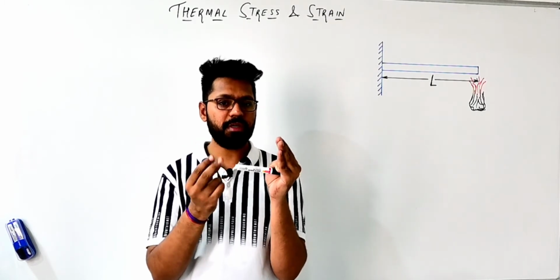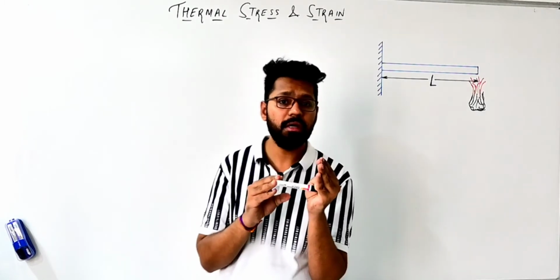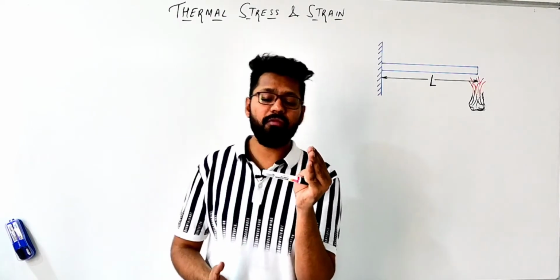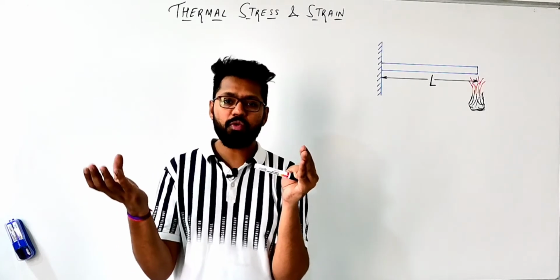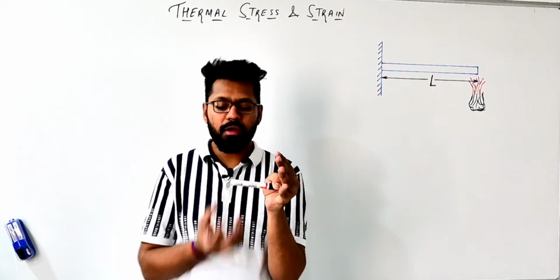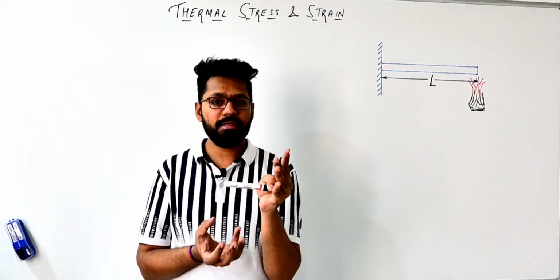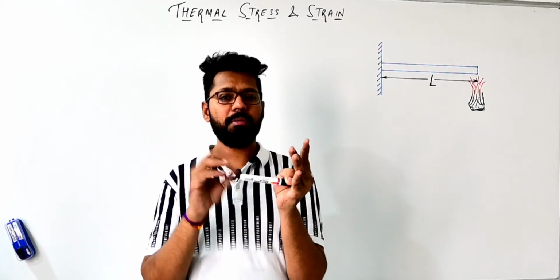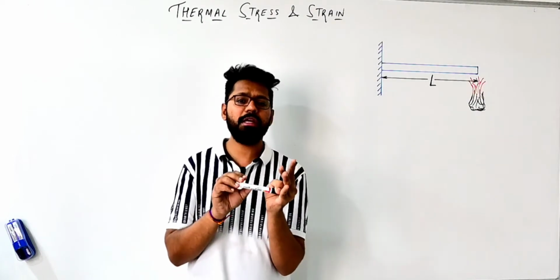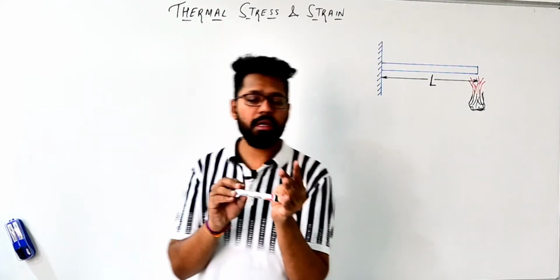So two temperatures are there, so a temperature gradient is there. One is the surrounding temperature and one is what we are heating to. Like the surrounding temperature is 25 degrees Celsius and our temperature is 60 degrees Celsius. So what will be the temperature gradient? That is 60 minus 25 degrees Celsius. So the del T term will be coming here.